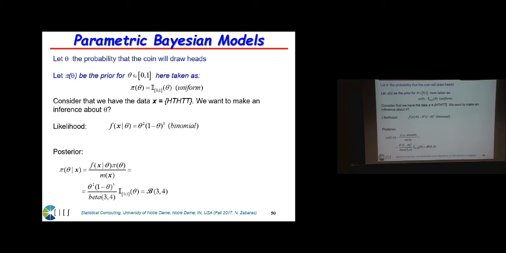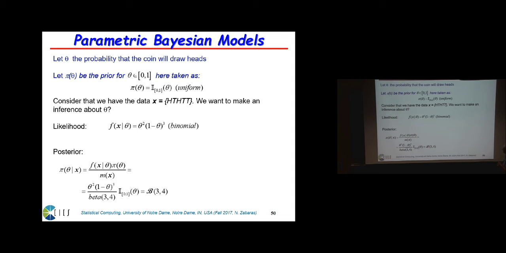This is the data we collect, and then I claim that the likelihood looks like that. You agree? 2 heads, theta squared, 1 minus theta cubed. It's a binomial distribution. And the posterior looks like the likelihood times the prior divided by the normalizing factor, and the prior is a uniform distribution.